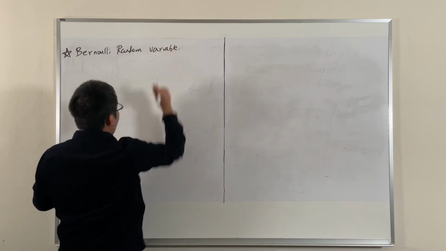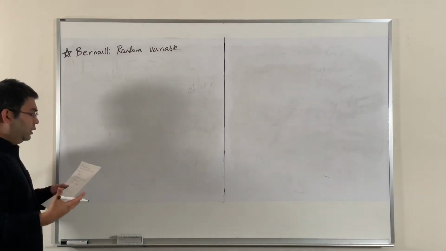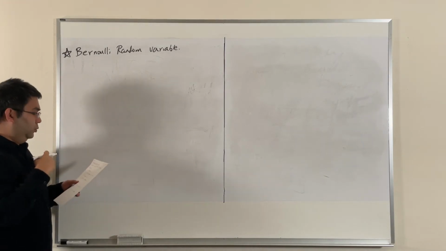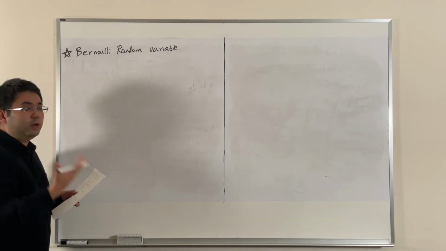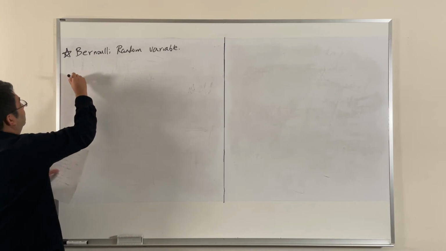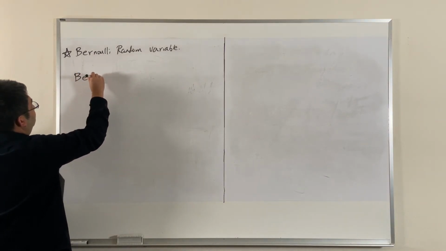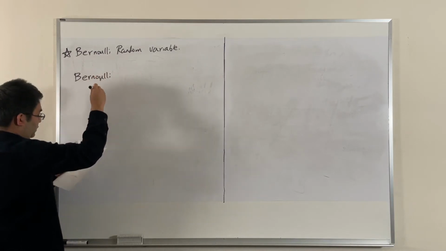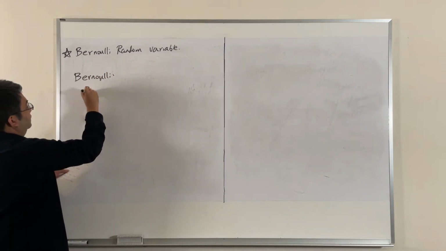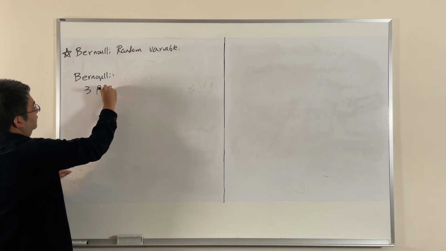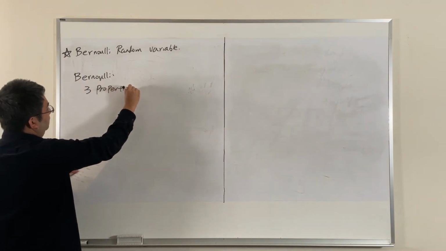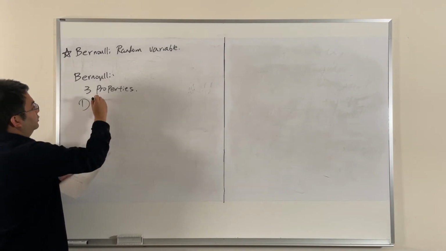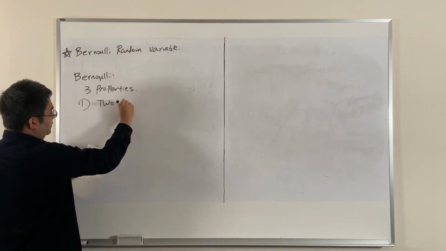Okay, so to talk about the Bernoulli random variable, we should first talk about the three properties of Bernoulli. The first one is we have two outcomes.